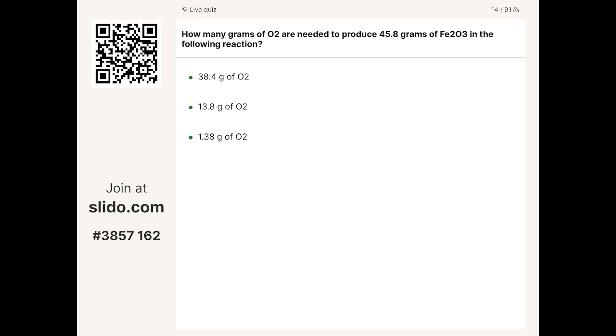And so what parts do you need for this? You need 2 molar masses, right? The molar mass of what? O2. And the molar mass of? Fe2O3. And then you need a mole-to-mole ratio from that reaction, don't you?